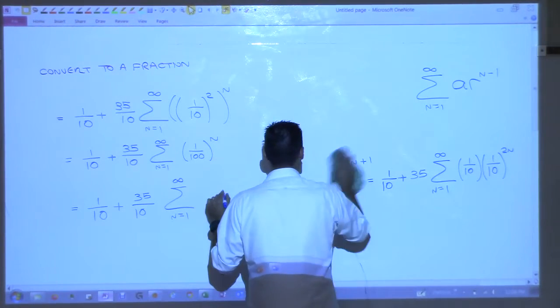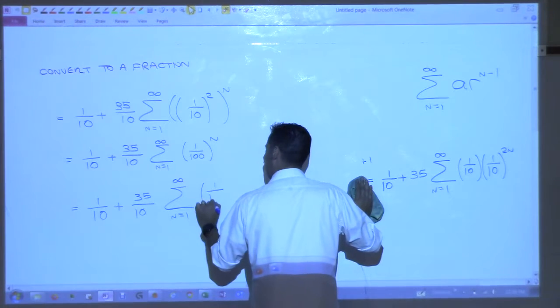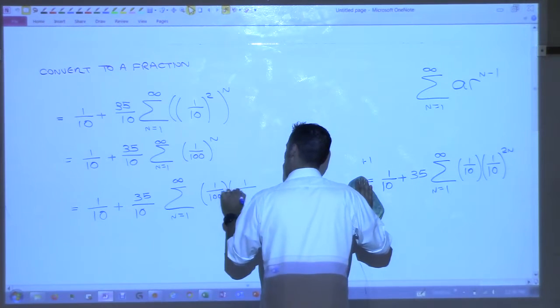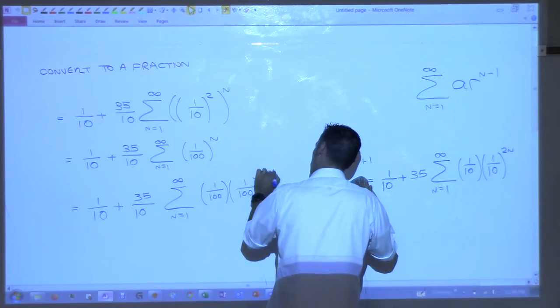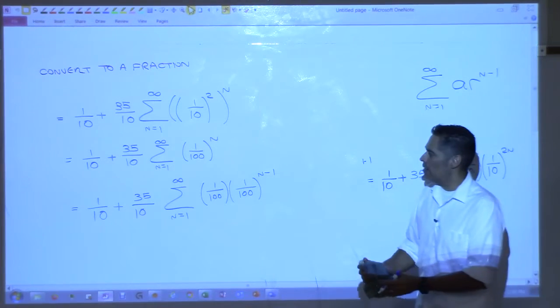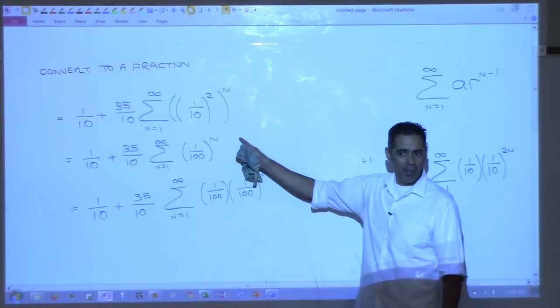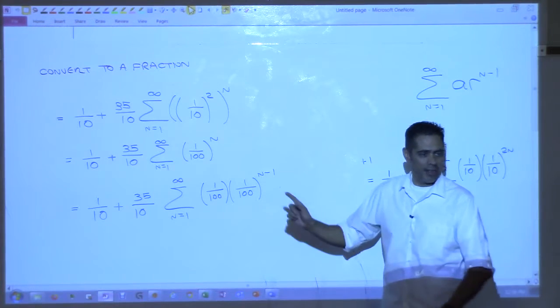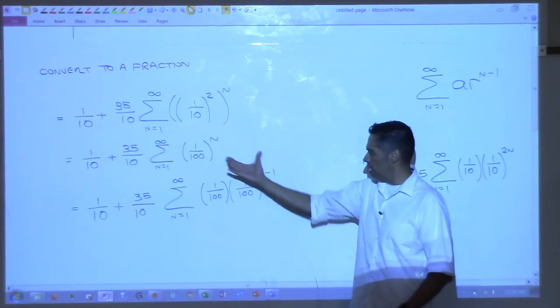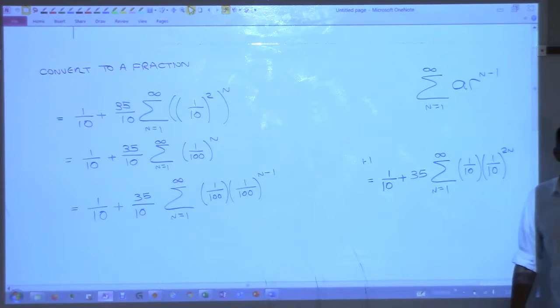Okay, so when I rewrite that, it's going to be 1 over 100 times 1 over 100 to the n minus 1. Now I kind of am skipping a step there. I'm not showing the minus 1 plus 1, but does everyone understand I did the same thing I did just a second ago? Minus 1 plus 1, then split it. And now, is that geometric?